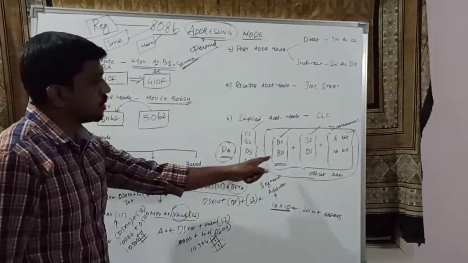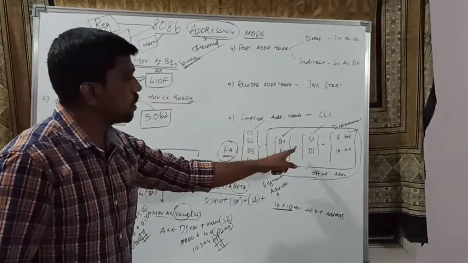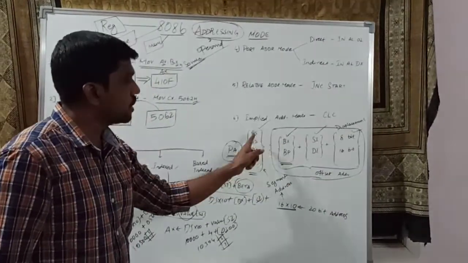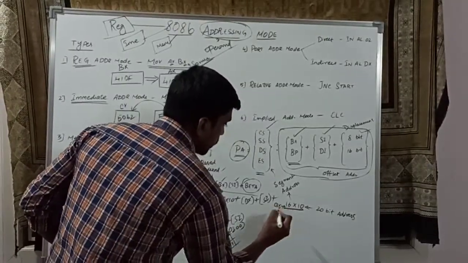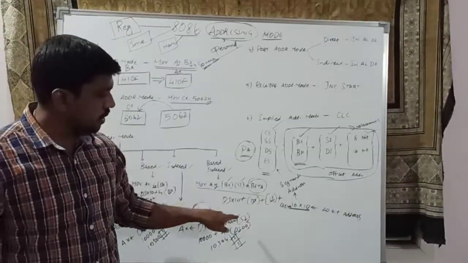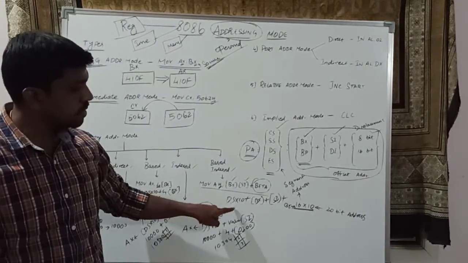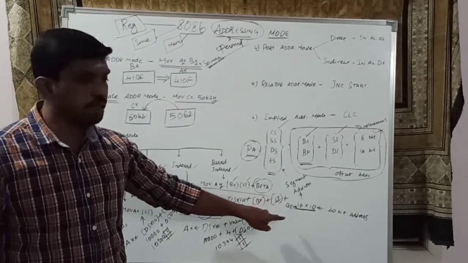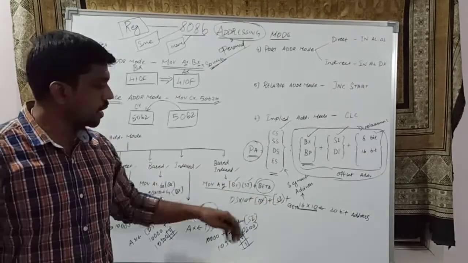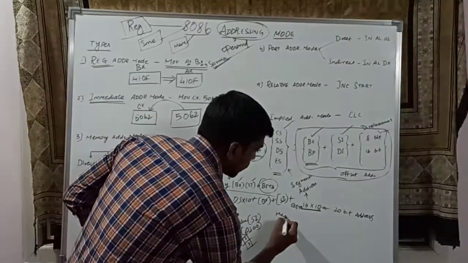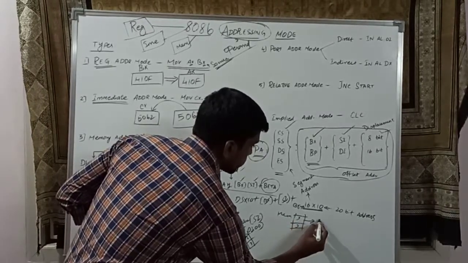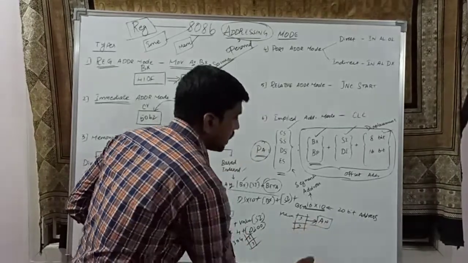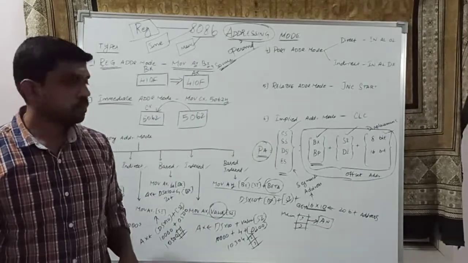In this instruction, these three values are involved, and these three values are summed with the segment value. Just adding all the content, whatever is present in DS, BX, SI and beta, you can get the new memory address. In this memory, whatever content is present, that 8-bit value is moved to AH.